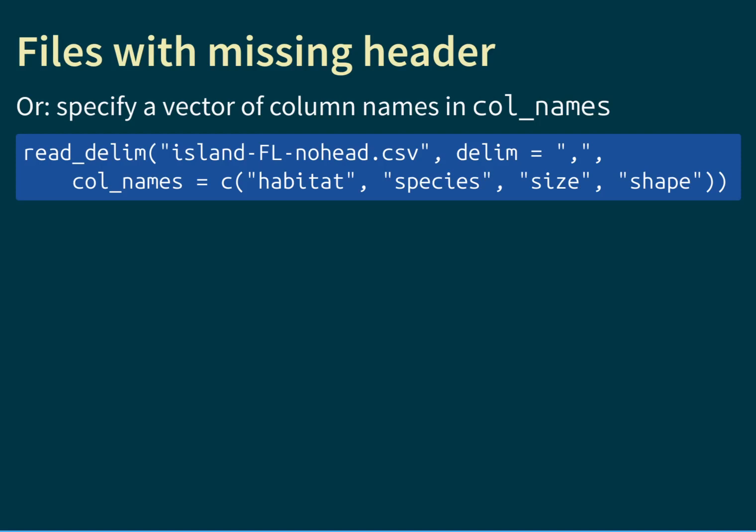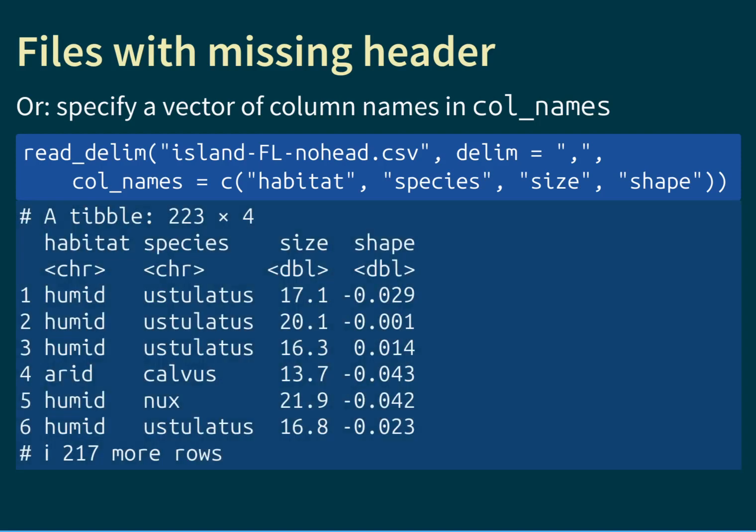For example, if here we read in the file just as before, but we specify the col_names argument as a vector of the strings habitat, and then species, and then size, and then shape, then those will become the column names. And as you can see, now the table is exactly as before. It has 223 rows as it should. The names of the columns are fixed and everything is all right.